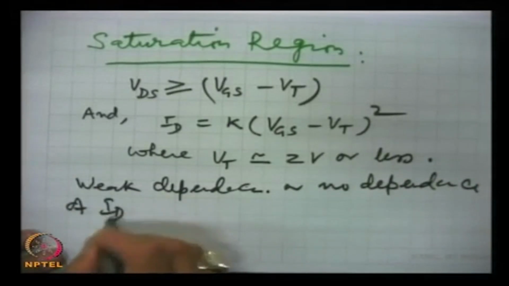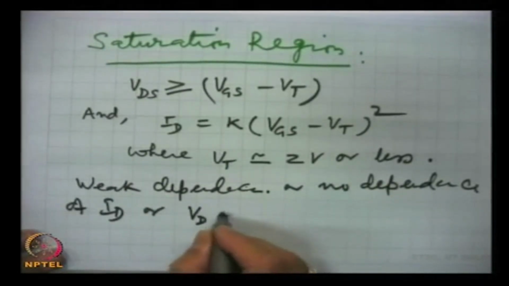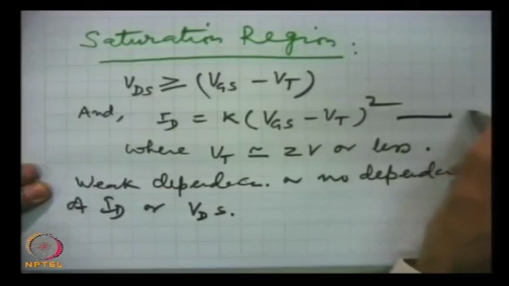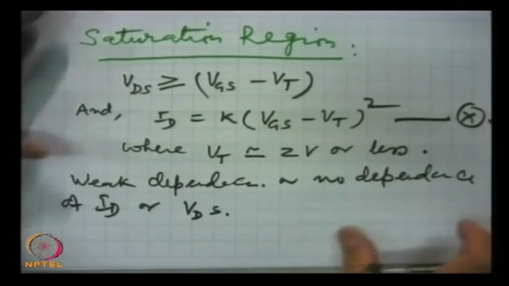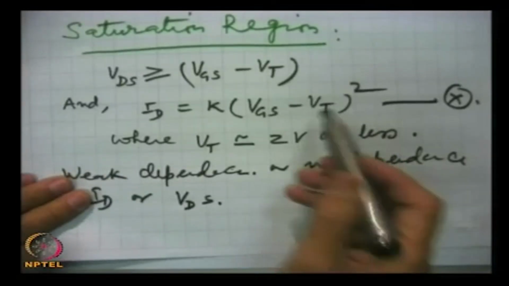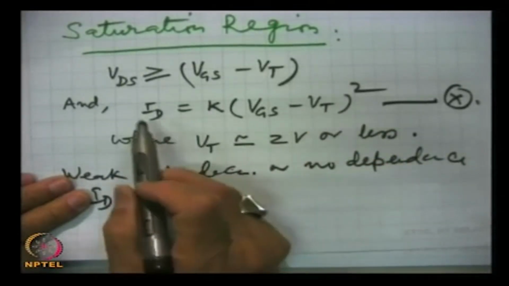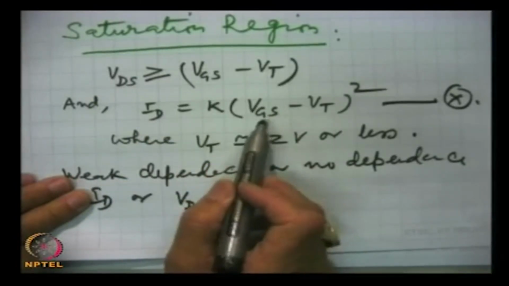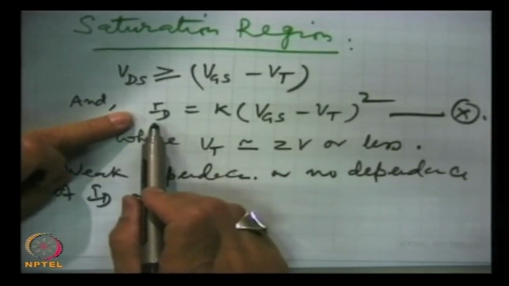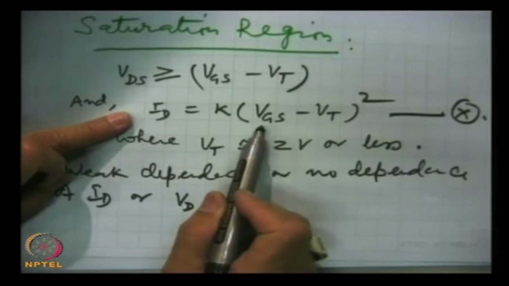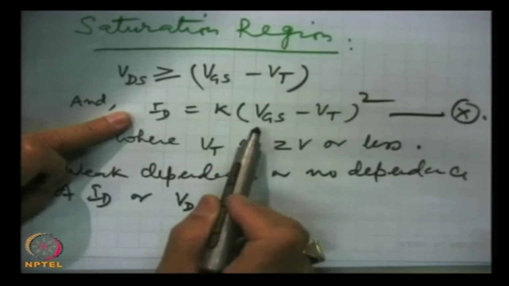of ID on VDS. This equation is very important and it gives rise to the drain characteristics and the transfer characteristics. K is a constant for a device, so ID is a function of VGS. This is the equation of a parabola, with the drain current as the output current and the gate source voltage as the input voltage.